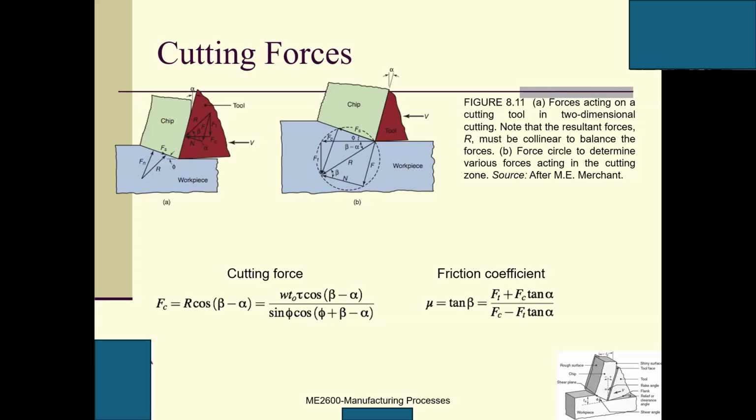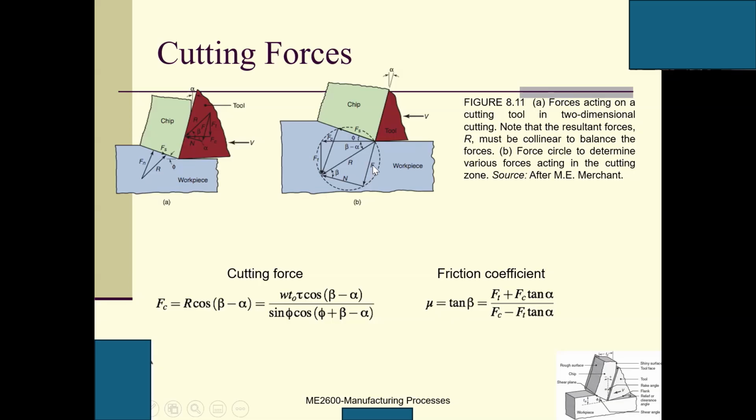Dynamometer is used to measure the cutting forces. Write down dynamometer. The reason we express mu in terms of Ft and Fc is that we can use the dynamometer to directly record Ft and Fc.